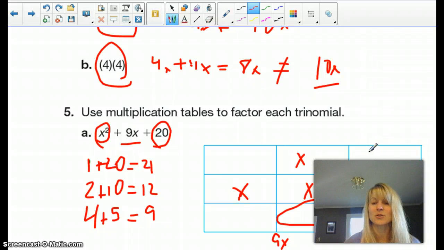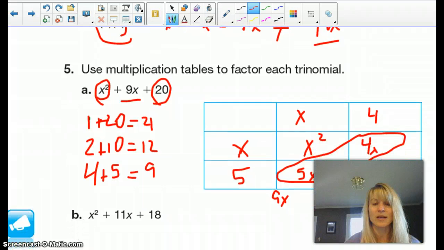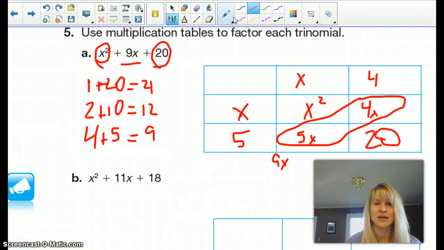So my two things I want to multiply are 4 and 5, because 4 times 5 is 20, and then here we'll have 4 times x, which is 4x, and then we'll have x times 5, which is 5x, and that together gives us our 9x there that we needed. So when I'm writing out my answer to this, the answer is right here.